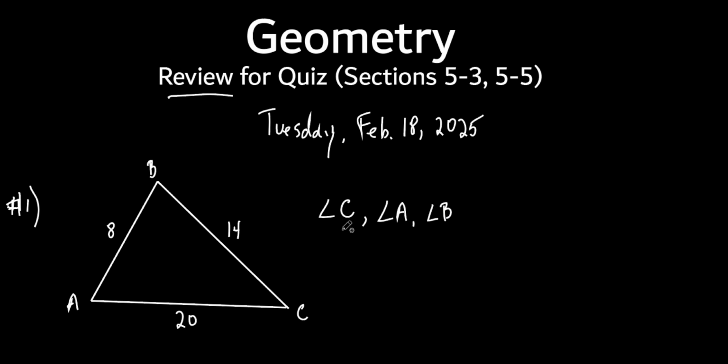Now I don't know what the degrees of the angles are, there's no way I can really find that. Well, there is, but the math is a lot harder than what you guys are ready for just yet. But there is a way. Did you know that you could find the exact measurement of all three of those angles? There is a way in math to do that if you know those three sides.